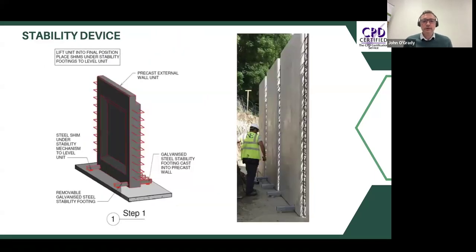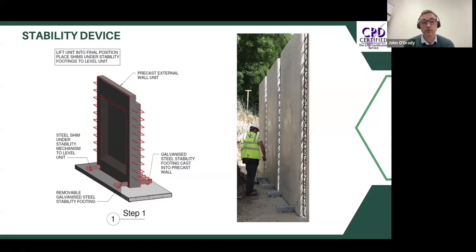So a feature, I suppose, unique to ourselves is that we use a stability device, just something we came up with that allowed us to have no props and still safely work. We've used this system.